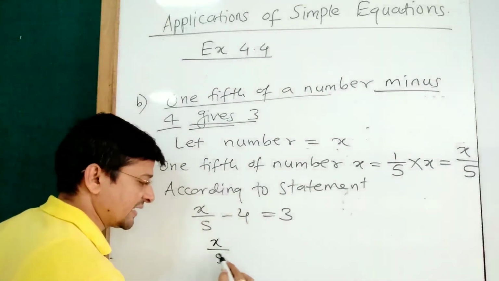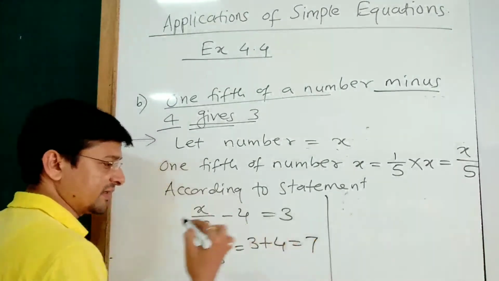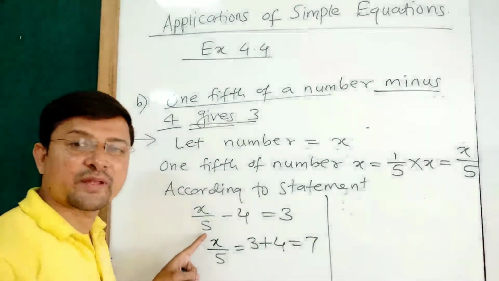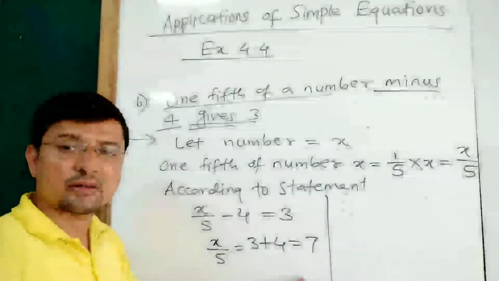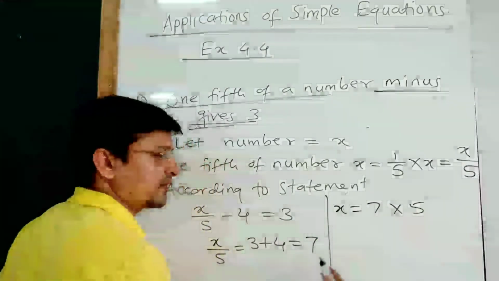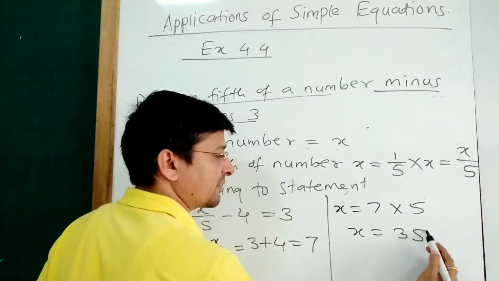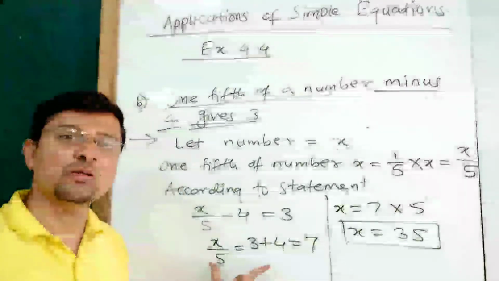So here we get x by 5 is equal to 3 plus 4, that means 7. Now to find the value of x, 5 is divided on left hand side, it is multiplied on right hand side. So here we get x is equal to 7 multiplied by 5, and 7 multiplied by 5, that means 35. So the value of x is equal to 35.